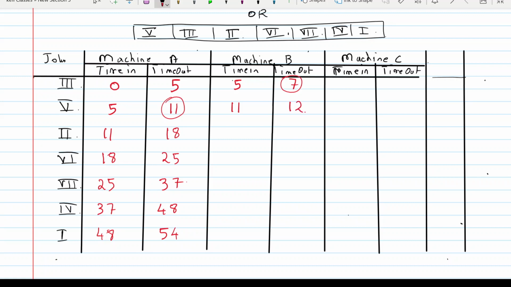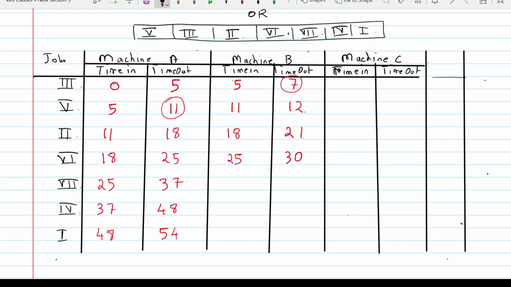So between 12 and 18, 18 is highest, 18 comes in over here. And this is job 2. Job 2 is for how much time? 3. So 18 plus 3, 21. 21 and 25, who is the higher? 25. So 25 को लिख दो. Then job 6th. Job 6th is for 5 minutes.